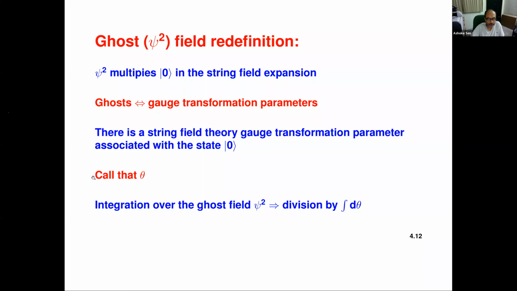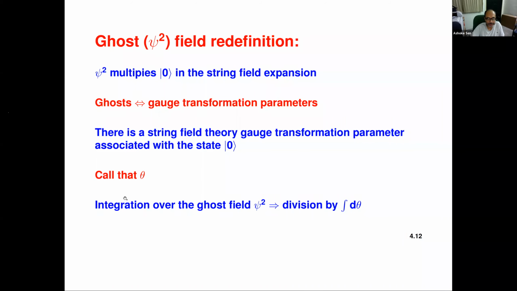Let's call the gauge transformation parameter in string field theory associated with the vacuum state theta. In this notation, integration over the ghost field psi 2 corresponds to division by the integral over theta, because psi 2 is Grassmann odd and theta is Grassmann even. Otherwise, they are in one-to-one correspondence.